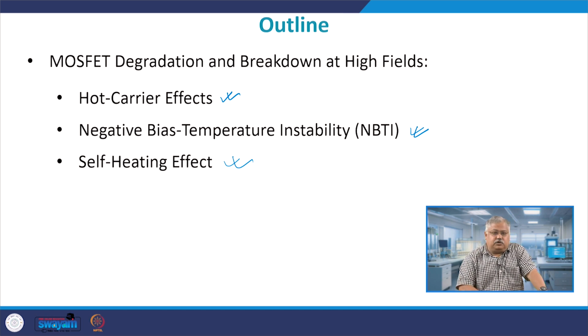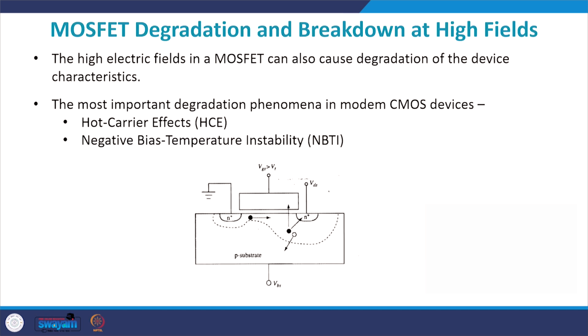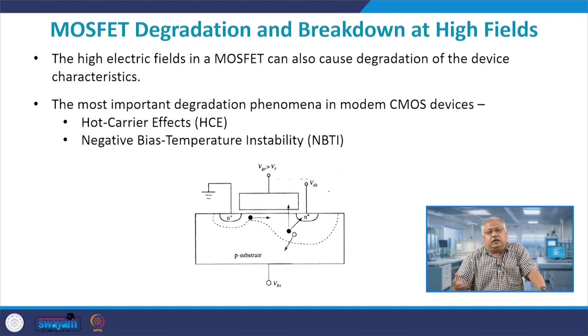Now, let me come first to the hot carrier effects. We are all aware of the fact that as you reduce the dimensions of the device, you typically have higher and higher electric fields, because even if you do scaling of VDD and L, the longitudinal electric field Ex is given as VDD divided by L. So, even if you scale down your VDD and L, your electric field in the X direction will still go on increasing.